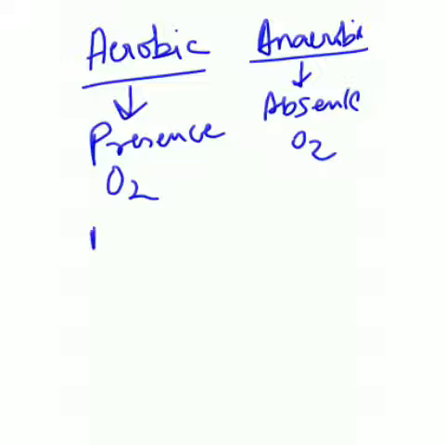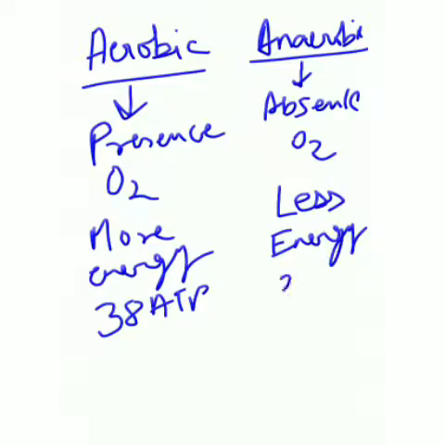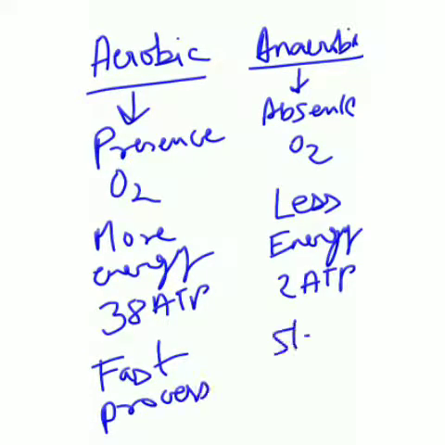It produces more energy, almost 38 ATPs, and it produces less energy, that is 2 ATP. This is quite fast process, but this process is quite slow.